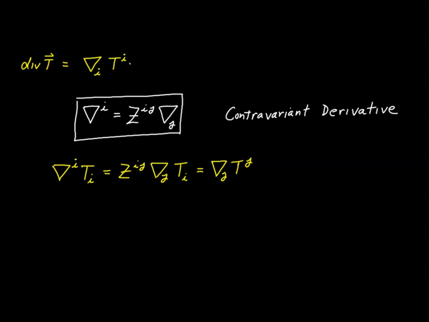We can say that it's equal to this, or it's also equal to the contravariant derivative contracted with a covariant vector component like this. And this same technique will work anytime we have a covariant derivative. In other words, what we've seen in terms of being able to flip-flop the indexes works here too.